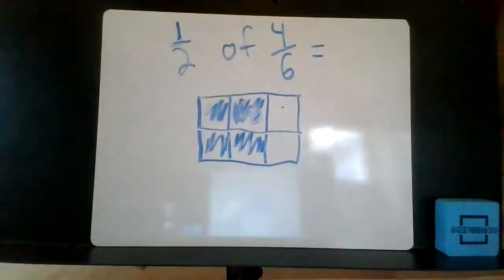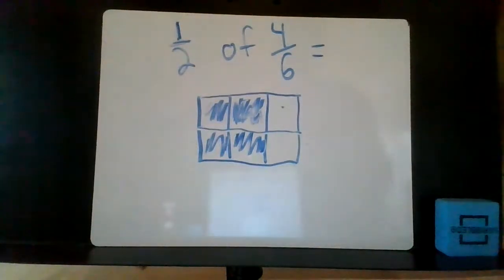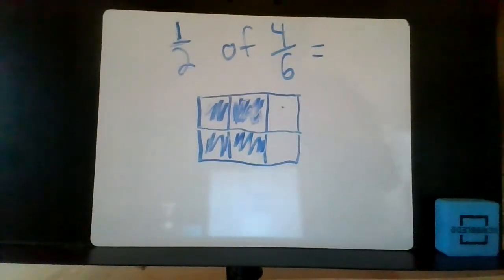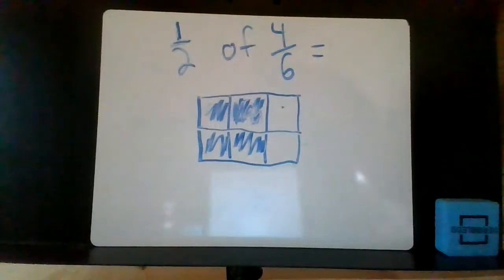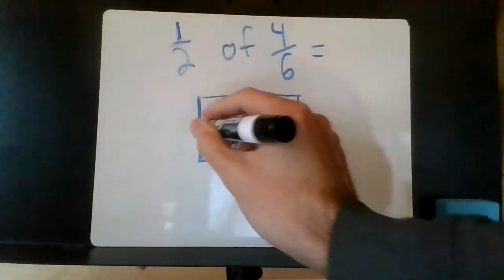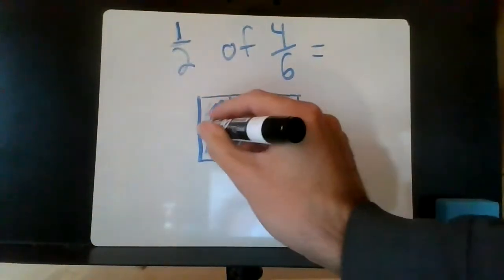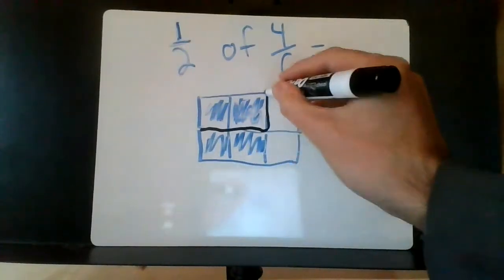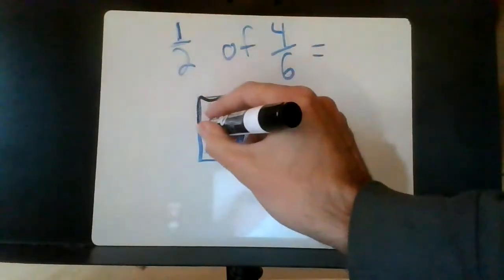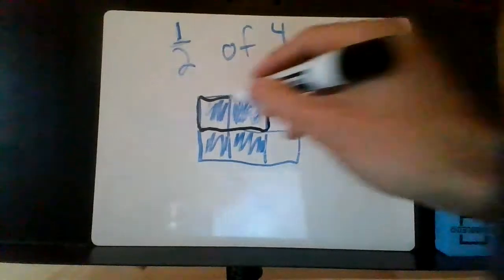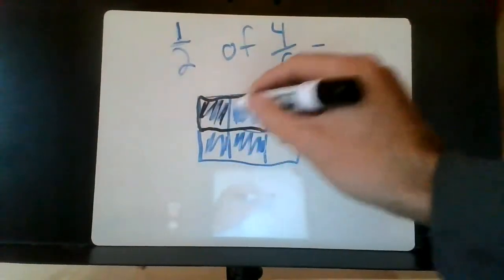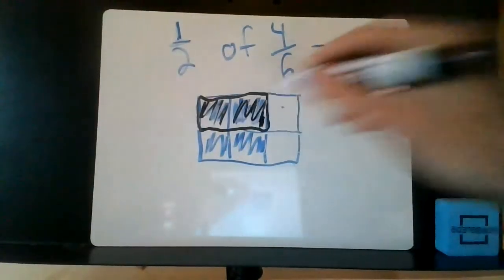So one way I could do that is to use your number sense and think, all right, well, what's half of this amount that's shaded? I've got 4 of them shaded, so half of that would be 2 of them, right? So this represents 1/2 of 4/6.